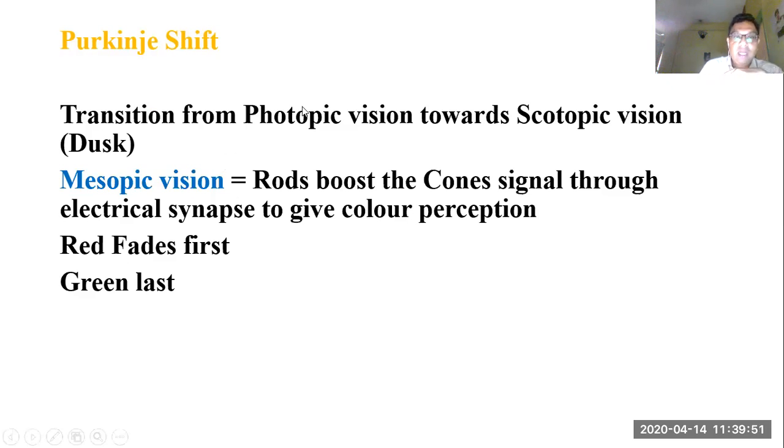So this transition from daylight vision to dim light vision, the mid portion is the mesopic vision, where this unique thing happens. The rods will boost or enhance the ability of the cones to perceive light, whereby red will fade first and green will fade last. Okay, this is the Purkinje shift, the shift from photopic vision to scotopic vision, whereby you see the colors fading in this progression.